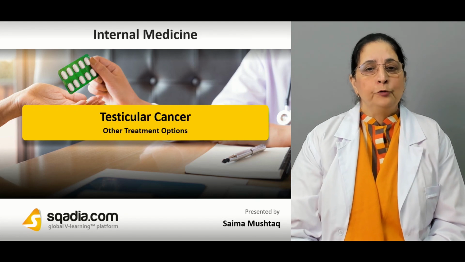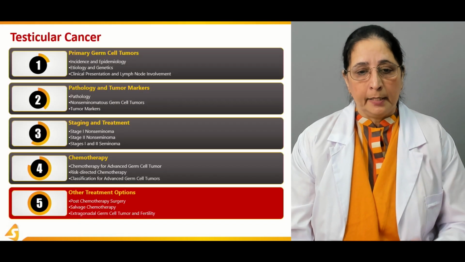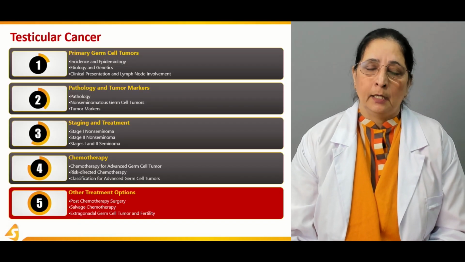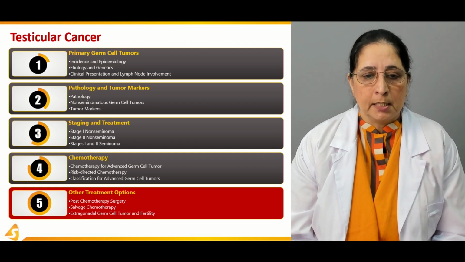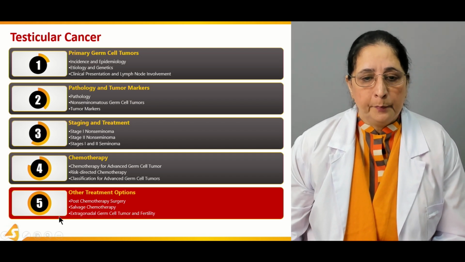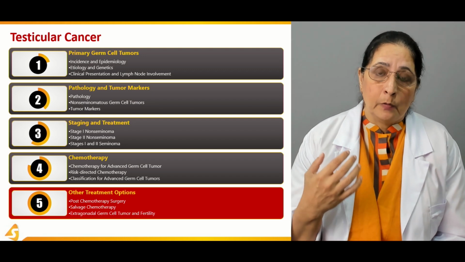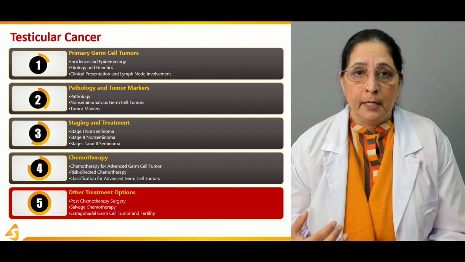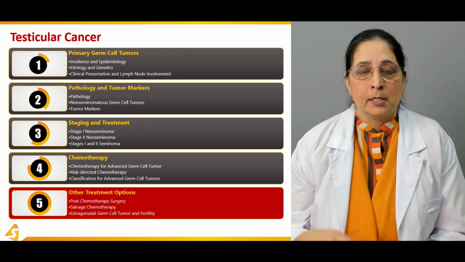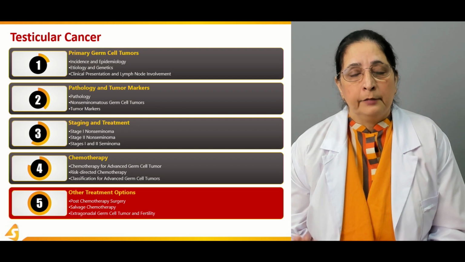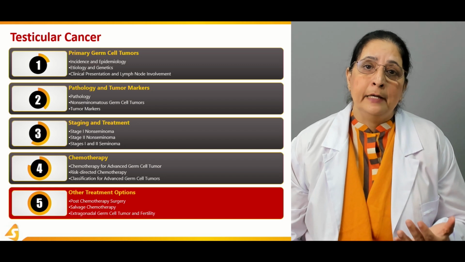Let's move to our fifth and final section, in which we will talk about some other treatment options for germ cell tumors of the testes, like post-chemotherapy surgery. We already discussed the chemotherapy for seminomas and non-seminomas, the different chemotherapeutic drugs used, and their side effects.